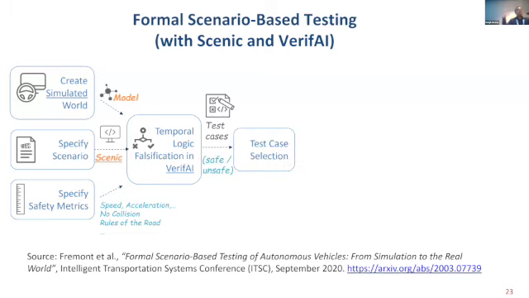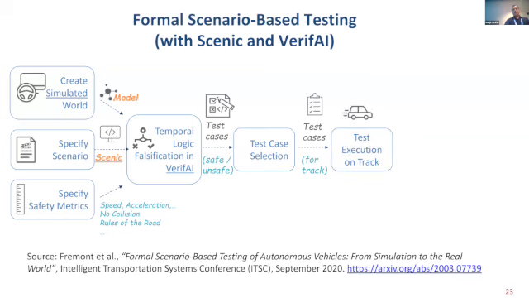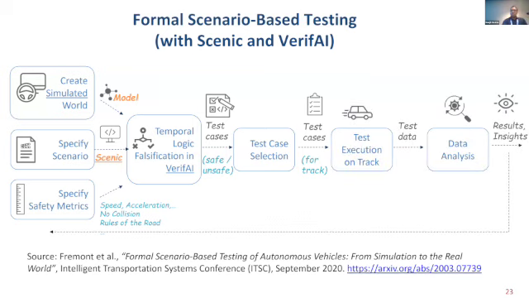And then just as in the Boeing case study, we'll get simulations that are both safe and unsafe. Now based on this, we want to select a small set of test cases that we'll actually run on the road at Gomentum. And so we selected those, we actually executed those on the track, and then collected data and analyzed. Okay?